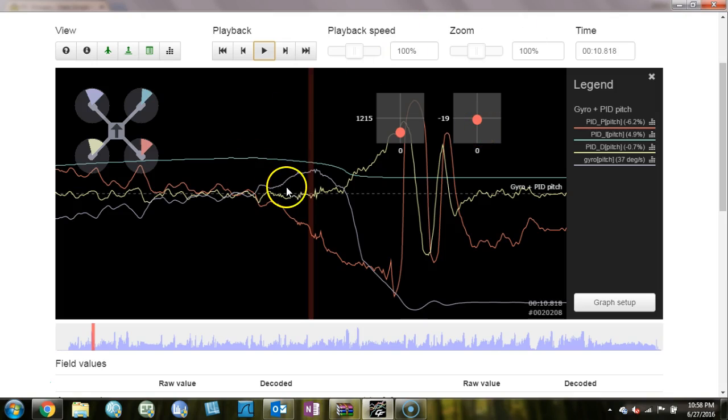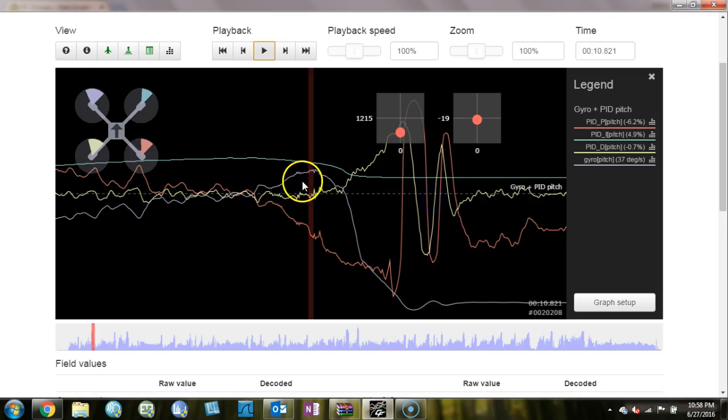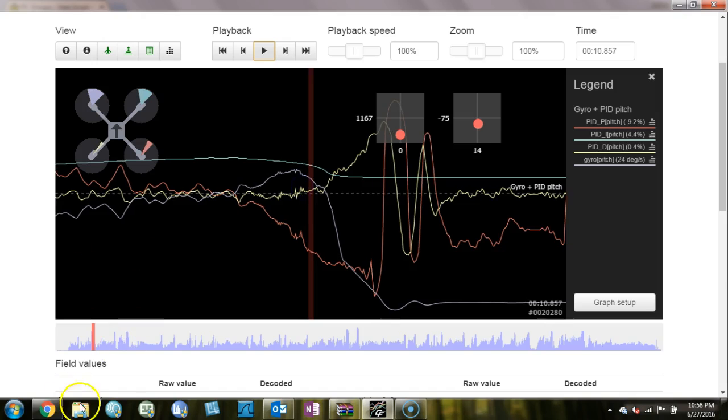Notice that the gyro went positive when you dropped the throttle. That means the copter pitched forward as you dropped the throttle. That's very interesting. You may need a little more I gain to keep the nose steady as you raise and lower the throttle. Perhaps, what's your I gain?